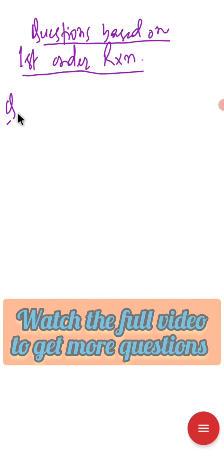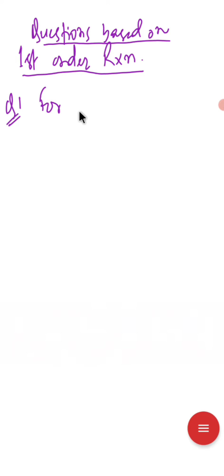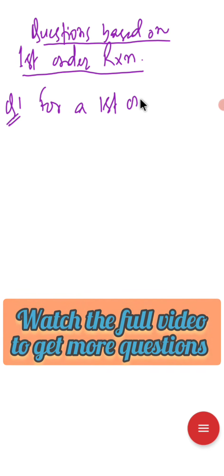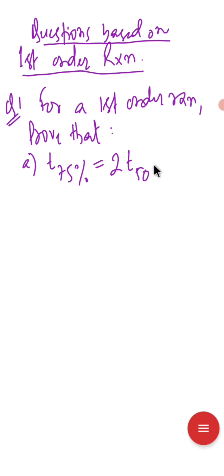So question number 1: for a first order reaction, prove that T75%, the time taken for a first order reaction to be 75% complete, is equal to 2 times of T50%.